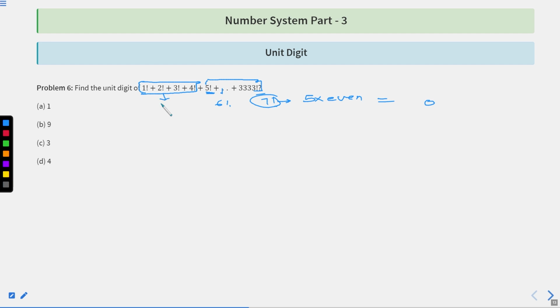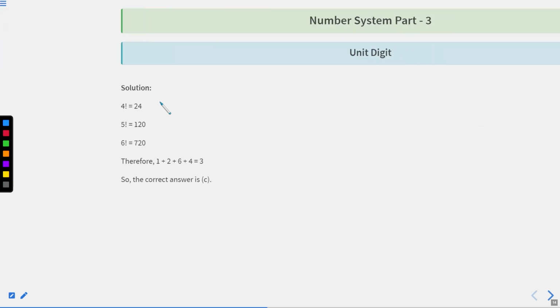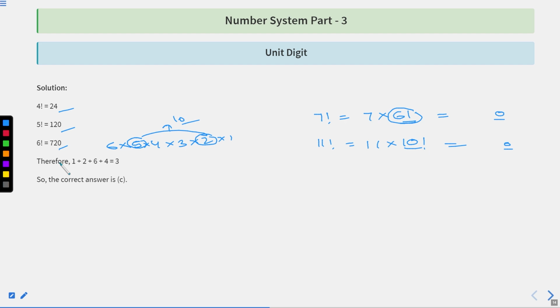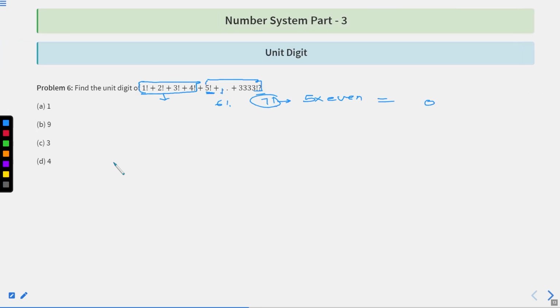If I can compute the value of this term, I will be able to easily find the unit digit. So 1 factorial is 1, 2 factorial is 2, 3 factorial is 6, and 4 factorial is 24, which gives 4 as a unit digit. Just quickly take the sum, it will be 13, and 3 is the unit digit of this number, correct? So your final answer will be 3, that is option number C.